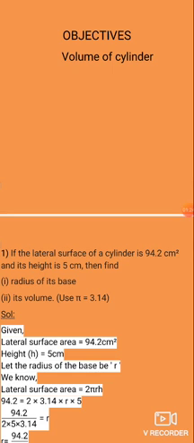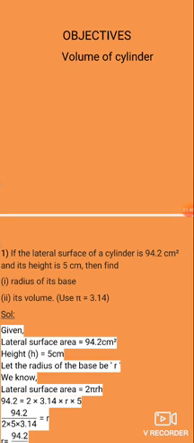So 2 pi rh is given as 94.2. Now substitute all the values. 94.2 is equal to 2 into pi value 3.14 into r into h. Height is 5 centimeter.